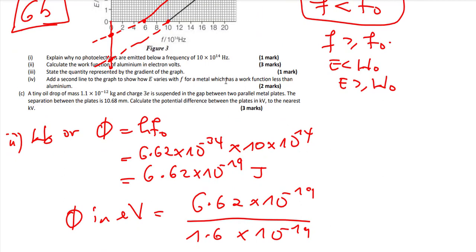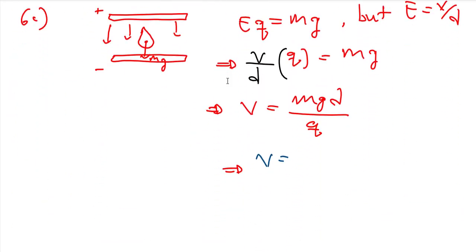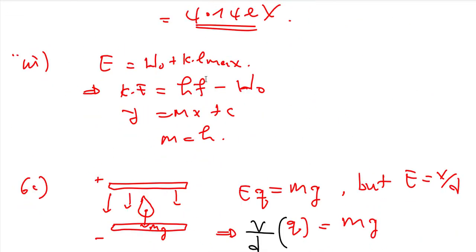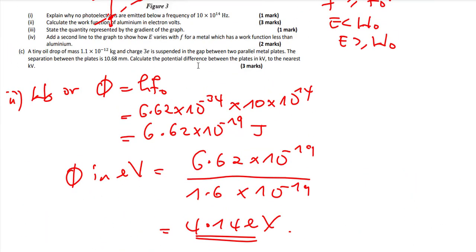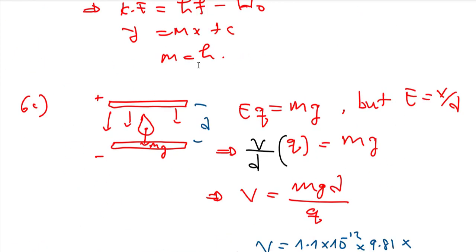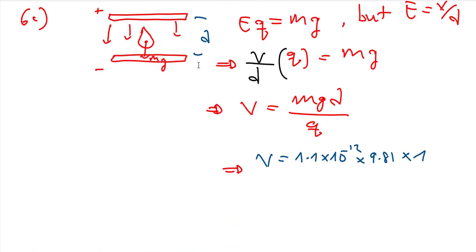It's 1.1 times 10 to the negative 12, times 9.81, times the separation of the plates D, which is 10.68 millimeters, that is 10.68 times 10 to the negative 3, divided by Q, which is 3e.